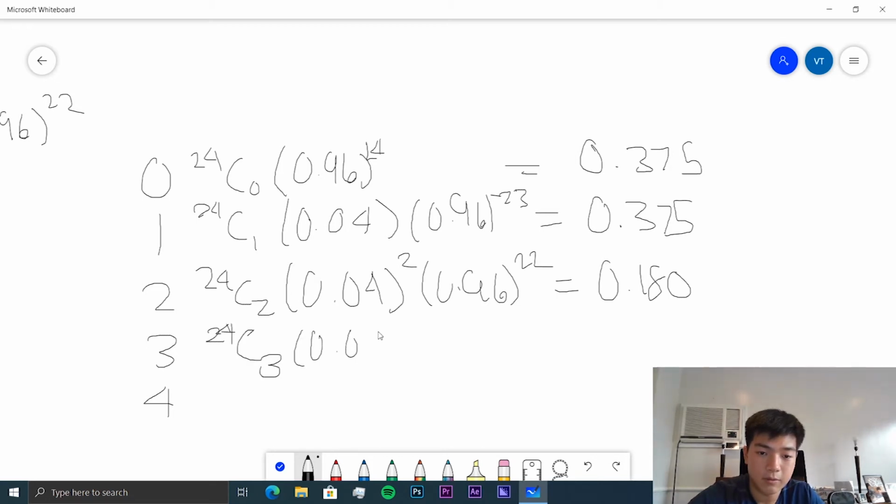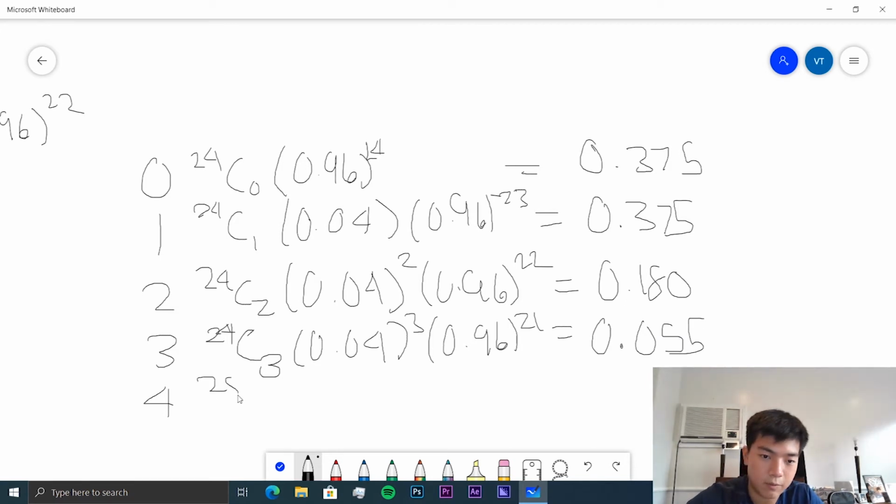Now 24 choose 3 times 0.04 cubed times 0.96 to the power of 21 is equal to 0.055.